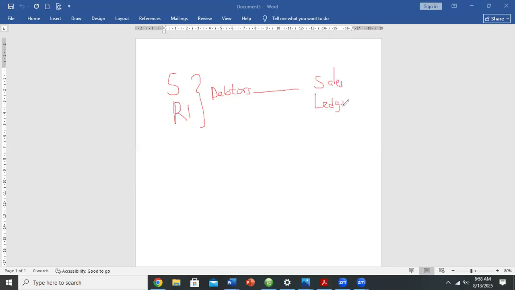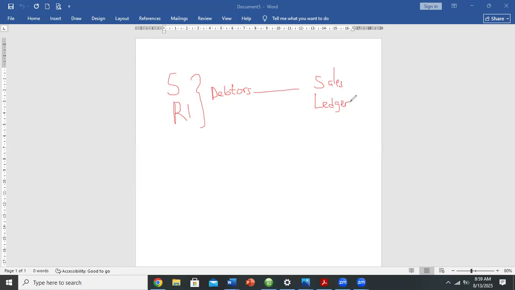And your debtors come about as a result of credit sales. And it's your debtors who can also return the goods back to you. So all the entries in the sales day book and the return inwards day book will go to the sales ledger because they are all about debtors.